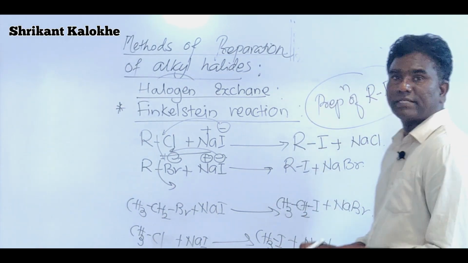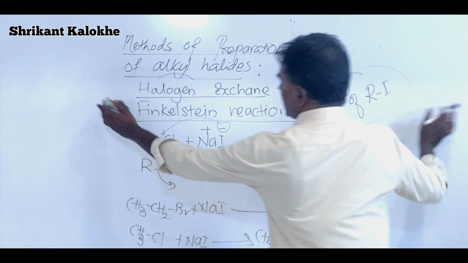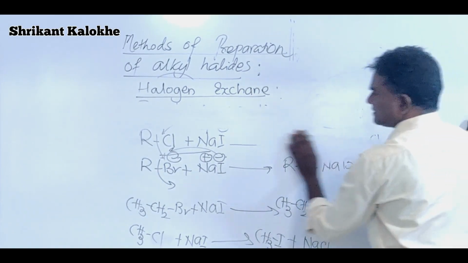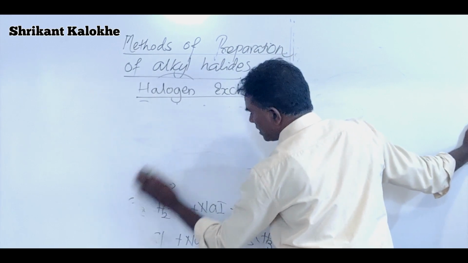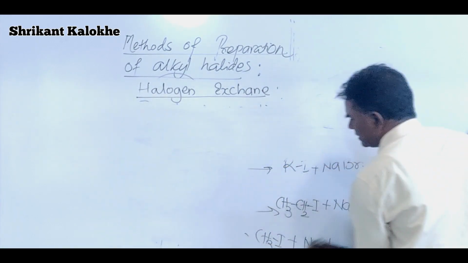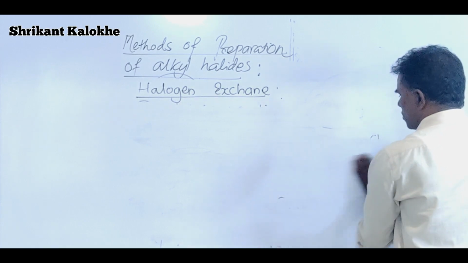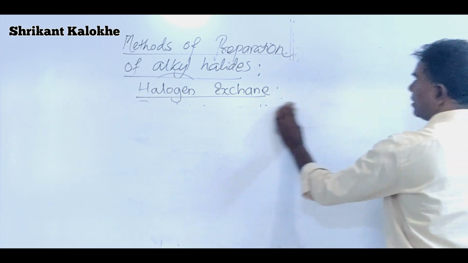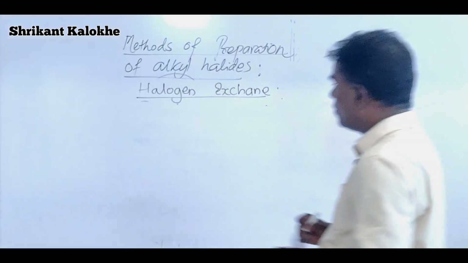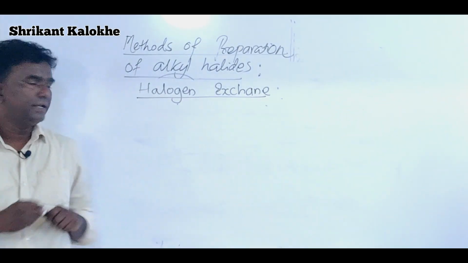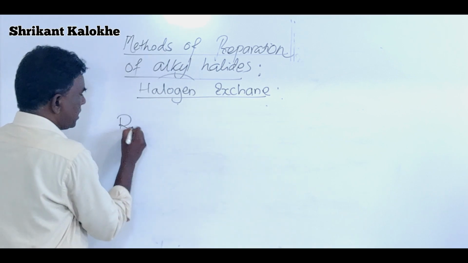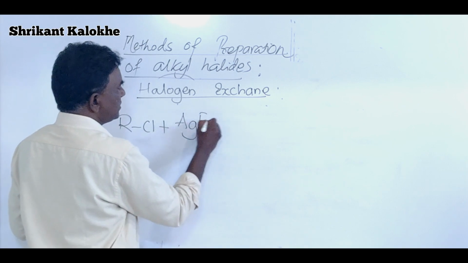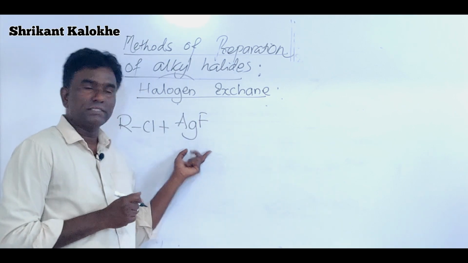There is one more reaction in which halogen exchange takes place, and the name of that reaction is Swarts reaction. And remember, Swarts reaction is the method of conversion of any alkyl halide into alkyl fluoride. Therefore, we will take one example here, RCl, when it is treated with a fluorinating agent, in which there are fluoride ions.